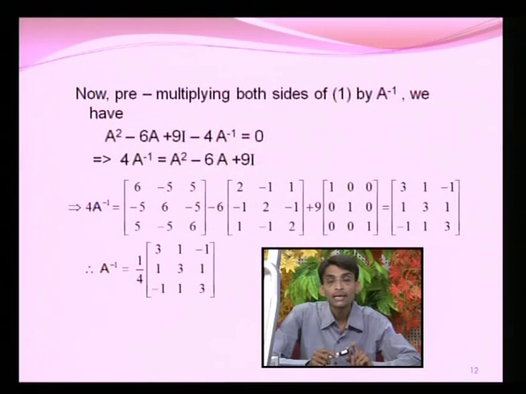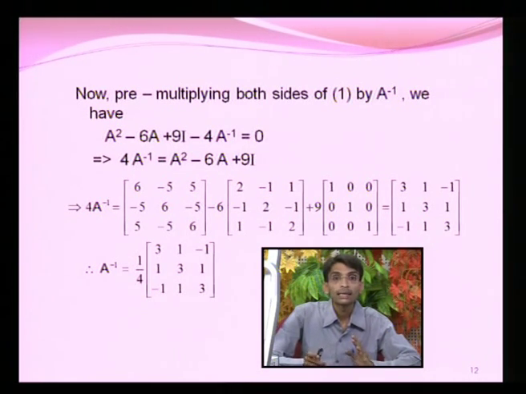By simplifying this expression we will get 4A inverse equal to 3, 1, minus 1; 1, 3, 1; minus 1, 1, 3. So A inverse is equal to 1 by 4 into the matrix 3, 1, minus 1; 1, 3, 1; minus 1, 1, 3. So here we have found the value of A inverse.